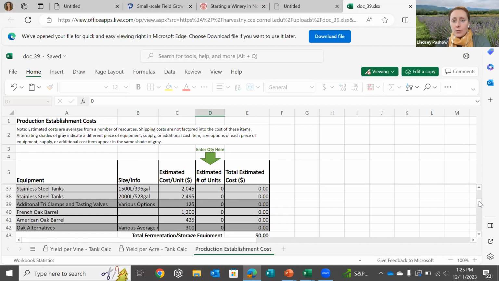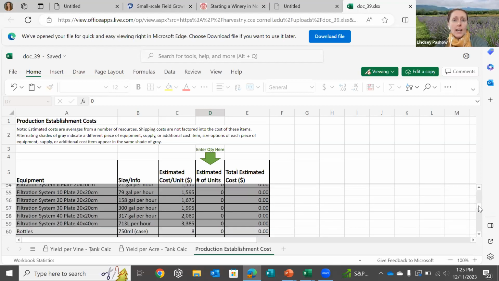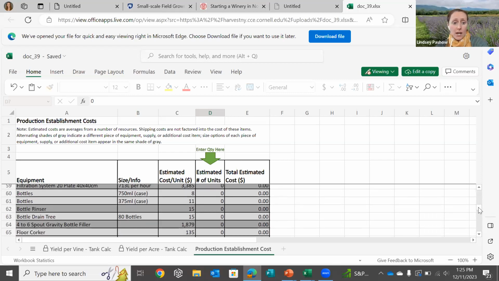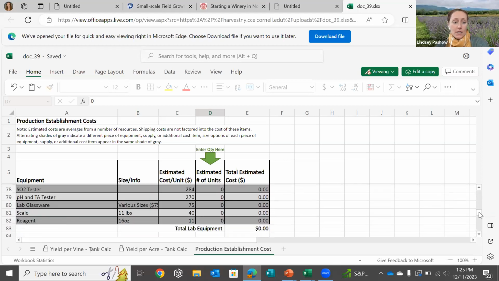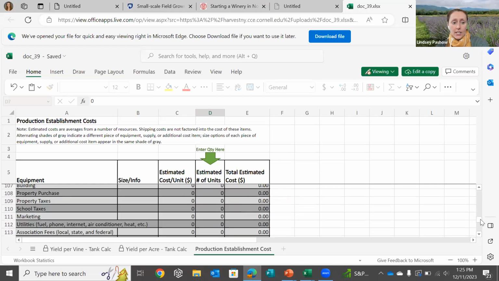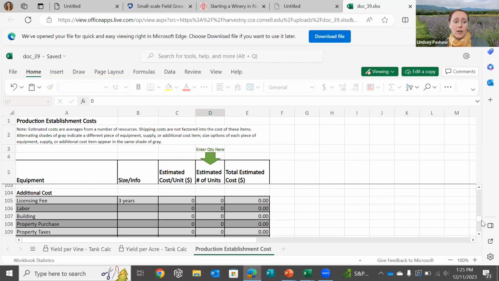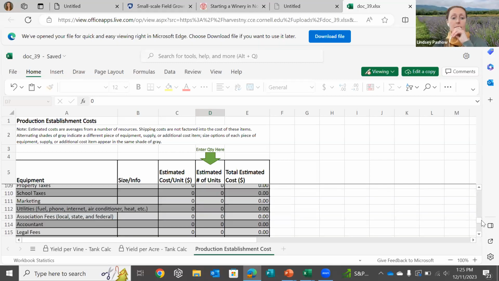If you're going to use this to start a winery, just remember that this was before 2020. So as we know, a lot of our stainless steel tanks, barrels, and all the equipment out there are going to have gone up in price. It gets into filtration systems, bottles, like buying by the case or by the pallet, lab equipment that you might need, and additional things to think about, like your licensing for your operation, property taxes, and your markets.